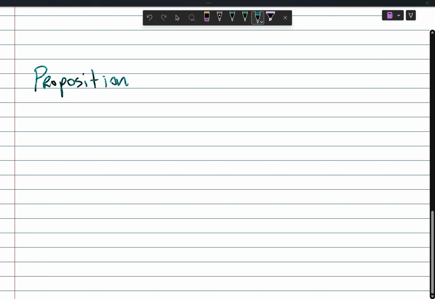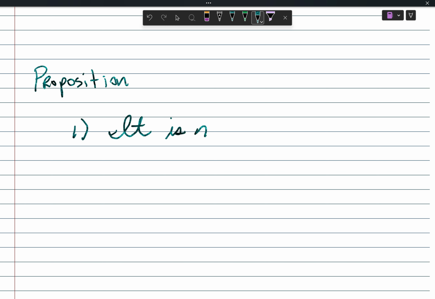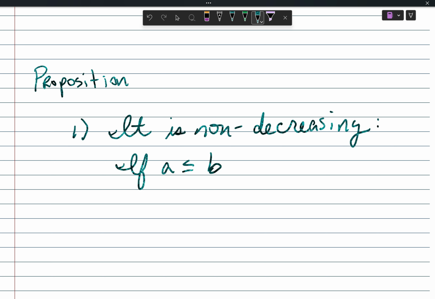Starting out with the proposition: the cumulative distribution function F of any discrete or continuous random variable X satisfies the following basic properties. The first property is that it is non-decreasing, where if a is less than or equal to b, then F(a) is less than or equal to F(b).